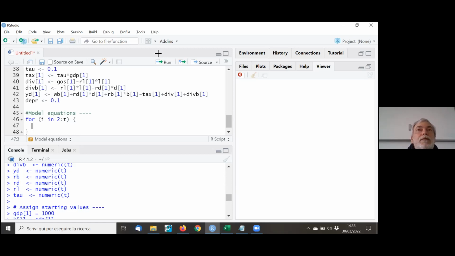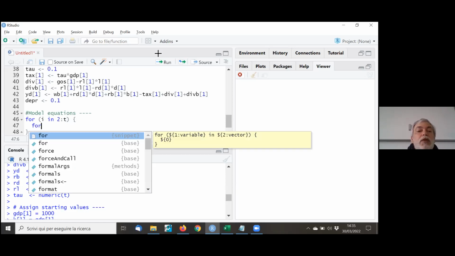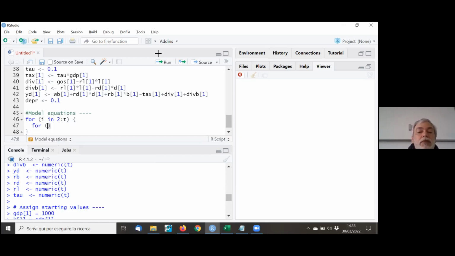So now another for loop. For iterations, or whatever terminology you might prefer. It just has to be a name for an index. Iteration is more clear.